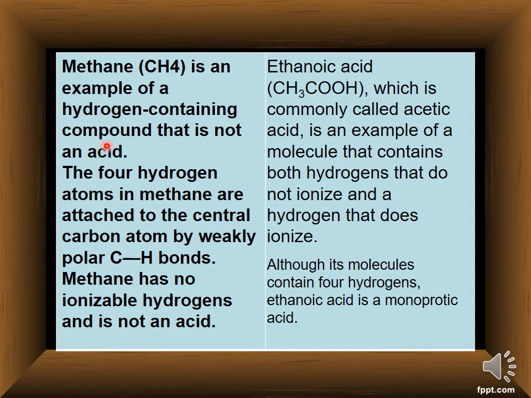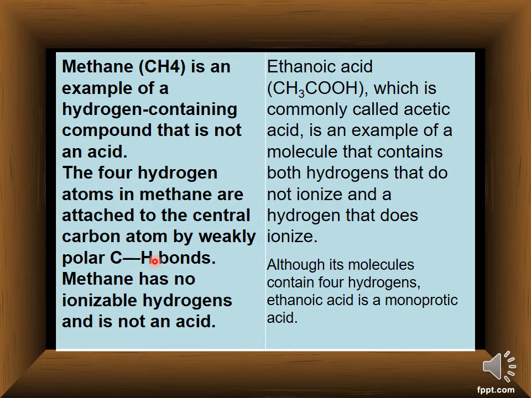Remember, all are C-H bonds. So 4 bonds can form in methane, all covalent bonds, and the electronegativity difference is very small, too small to become a polar bond. That's why there is no polarity between them. If there is no polarity, no partial positive or partial negative can be formed, like in HCl, which we discussed.